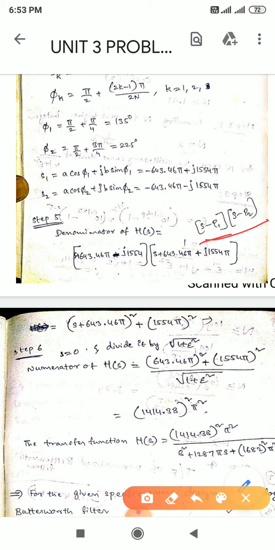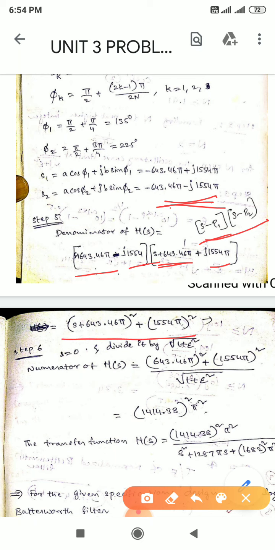Here it is s minus of this value, minus into minus plus, s plus 643.465 pi, minus into minus plus j 1554 pi. Observe this one. Similarly, s plus a and b, here it is in the a minus b into a plus b form.